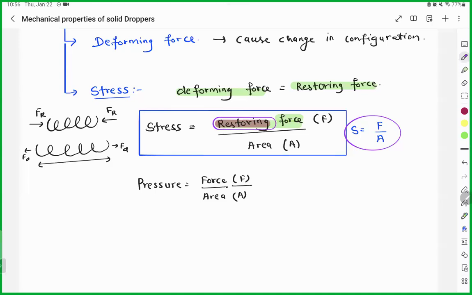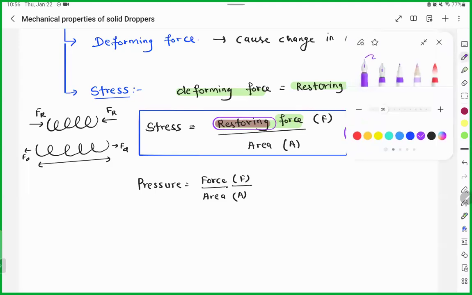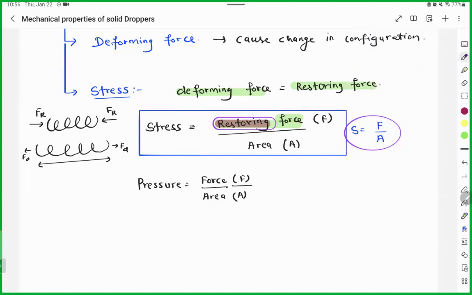Pressure is also equal to force upon area. Correct. So now we can move forward. If you see the unit, Sarah, what will be the unit of pressure? Force is Newton. Area is meter square, so Newton per meter square, or Pascal is also a unit of pressure.